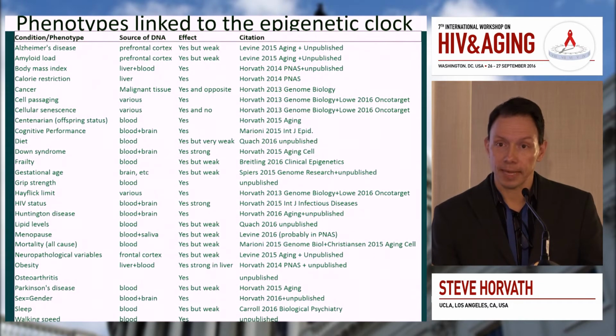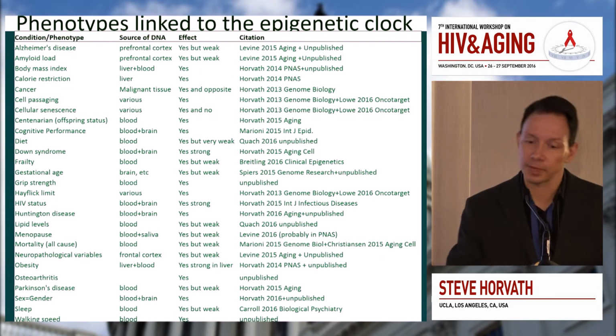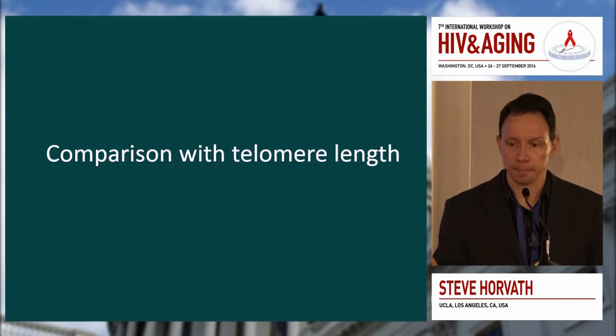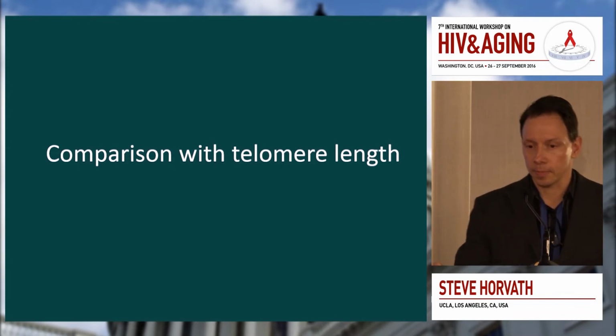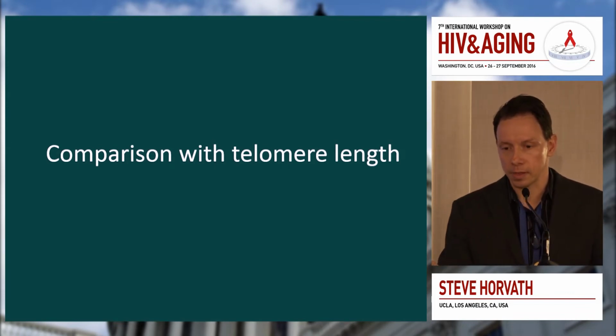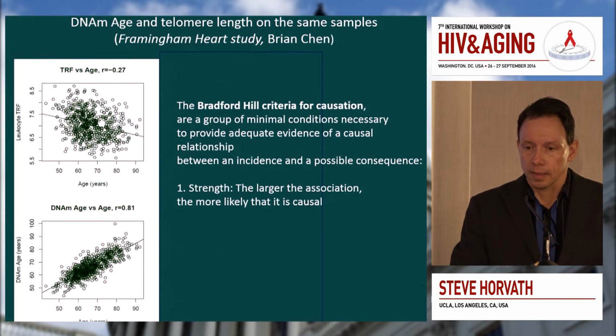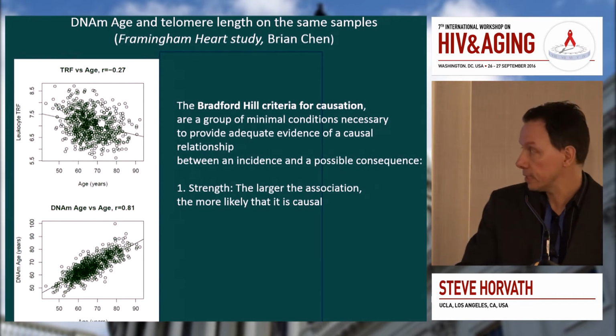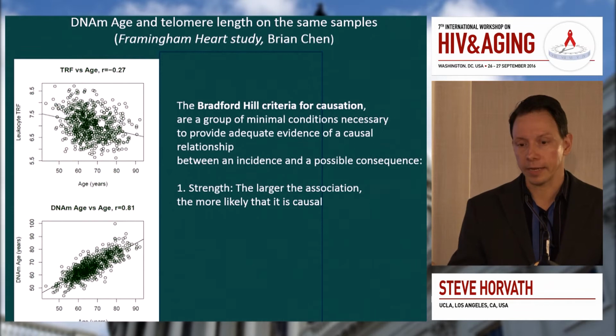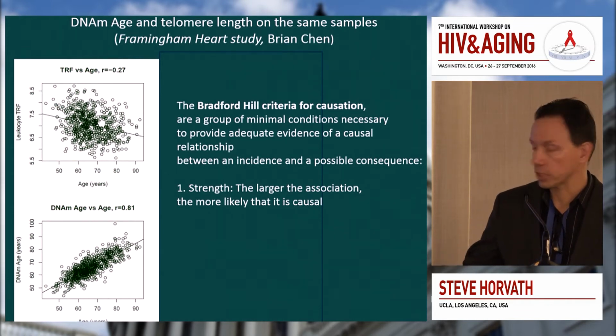Gender relates. Men tend to be 1 or 2 years older than women, according to the epigenetic clock. Sleep has been implicated, and walking speed. So, because the previous talk was about telomere length, I wanted to give you some results from the Framingham Heart Study, where Brian Chen and others looked at leukocyte telomere length in the upper panel, the y-axis, versus chronologic age.